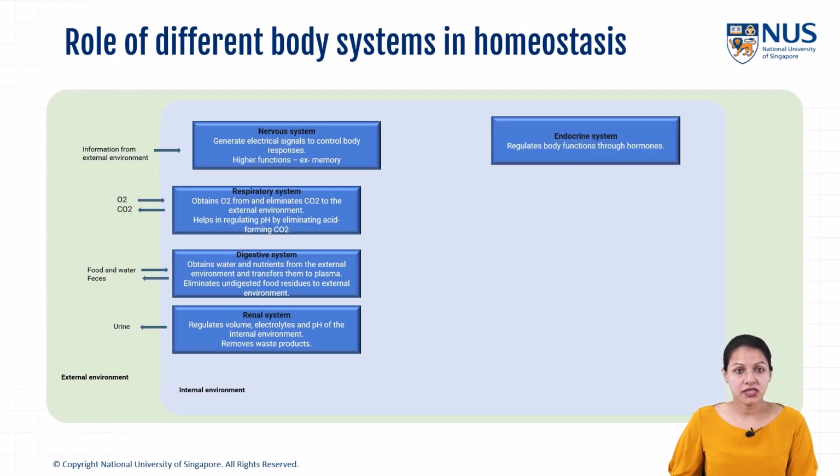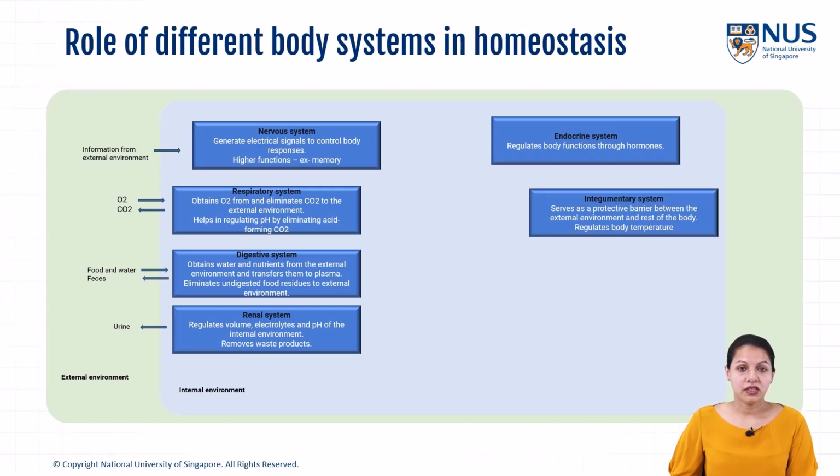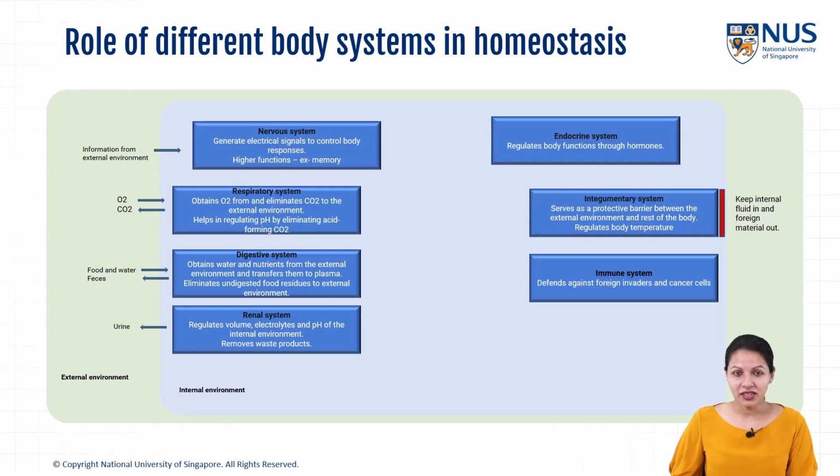The endocrine system regulates the body functions through hormones. The integumentary system, or the skin, serves as a protective barrier which prevents external organisms entering the body and keeps the fluid inside the body. And it's also important in regulating body temperature.